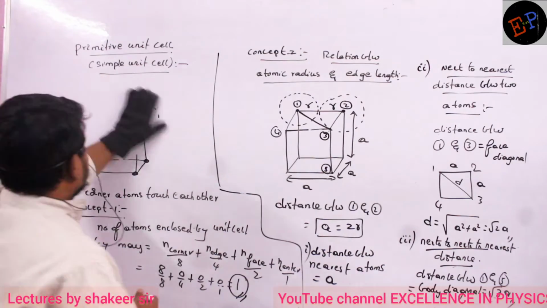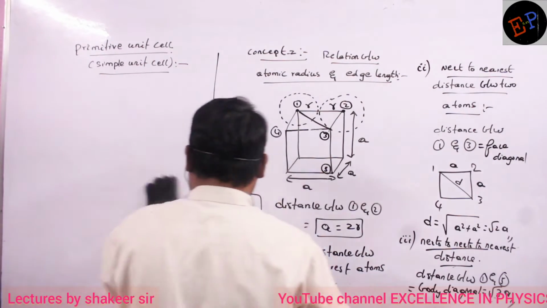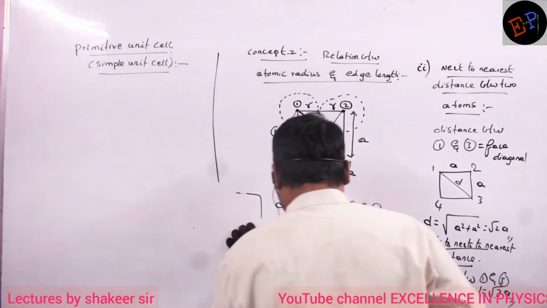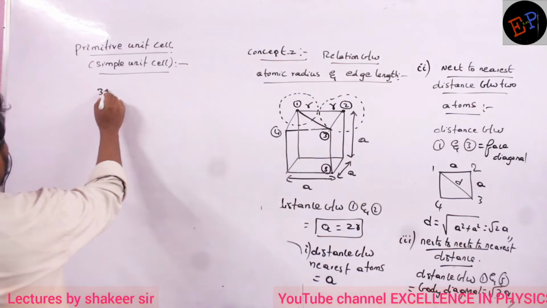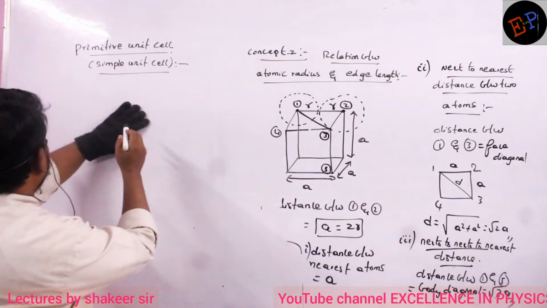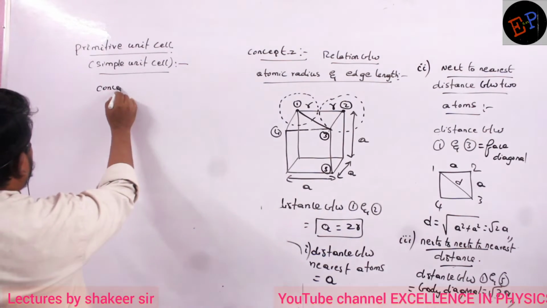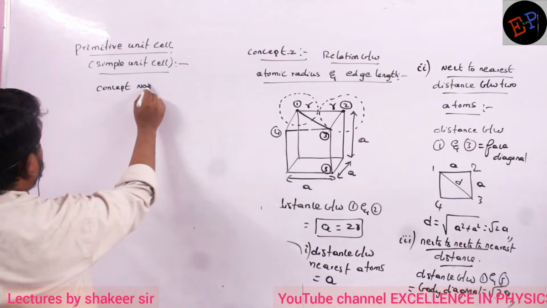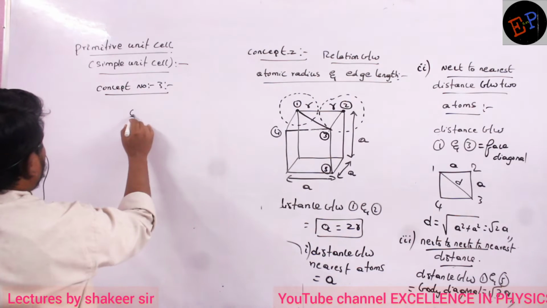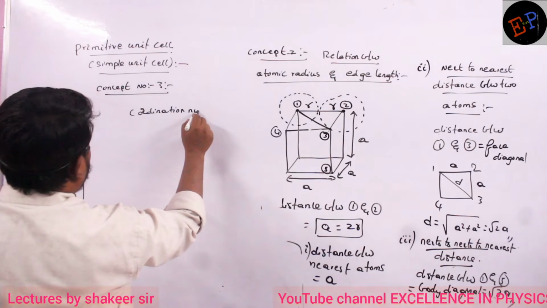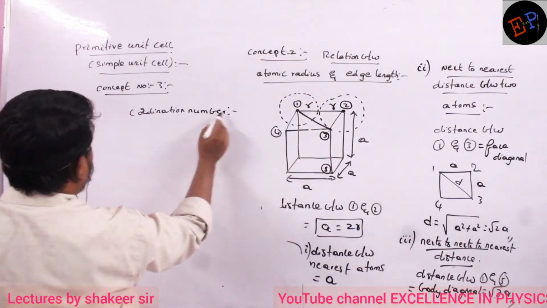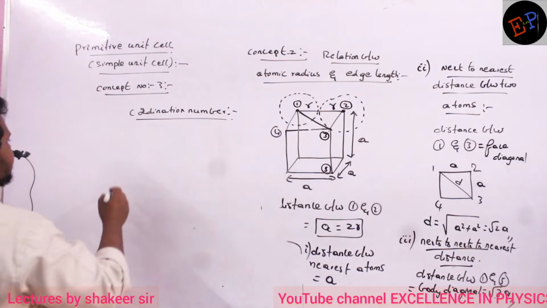Okay. Third concept. Third concept is coordination number. Okay? So concept number 3. Coordination number. Okay. What is meant by coordination number?